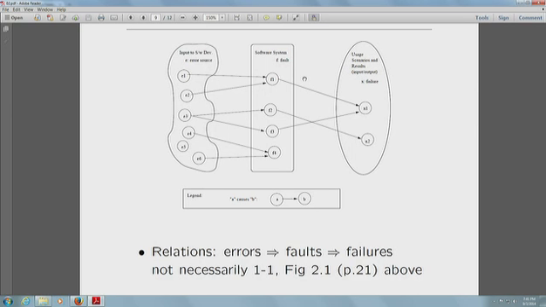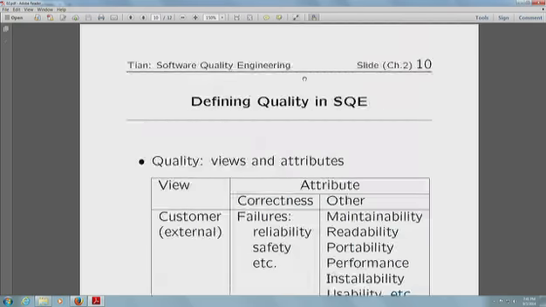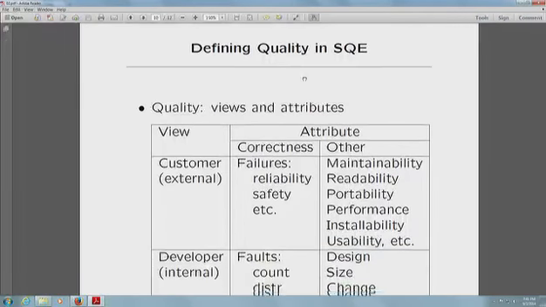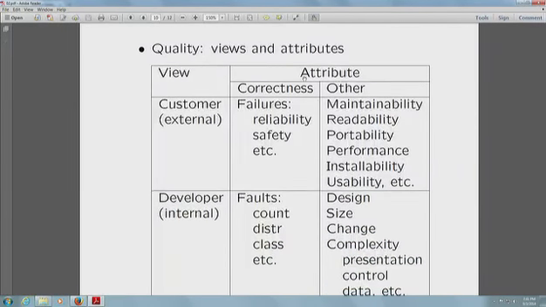Okay, so that's the basic thing, and we will see it in our next chapter. We basically ask, what do we do with those pictures? How do we deal with those problems? I want to summarize this part, and then we can move on. There are many different definitions of quality, and what we do here is adopt a correctness-centered view of quality.